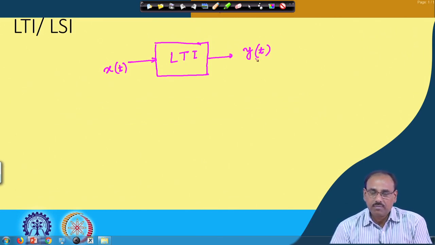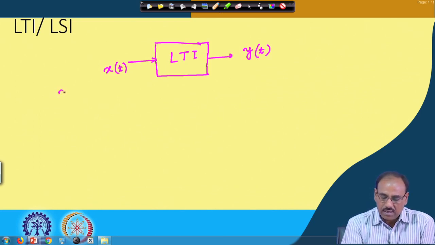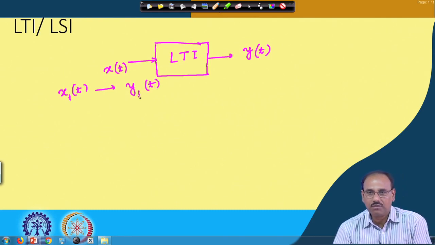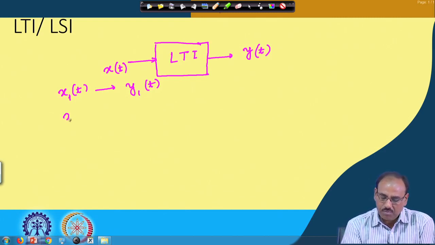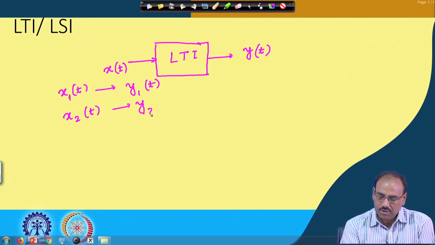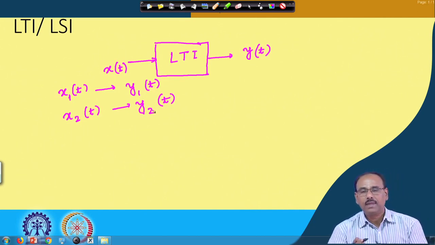The system is linear if the linearity property holds true for that particular system. That means, given an input signal x1(t), the output signal is y1(t), that is the response of the system to an input signal x1(t). Similarly, if we feed an input signal x2(t), suppose the output of the system is y2(t).